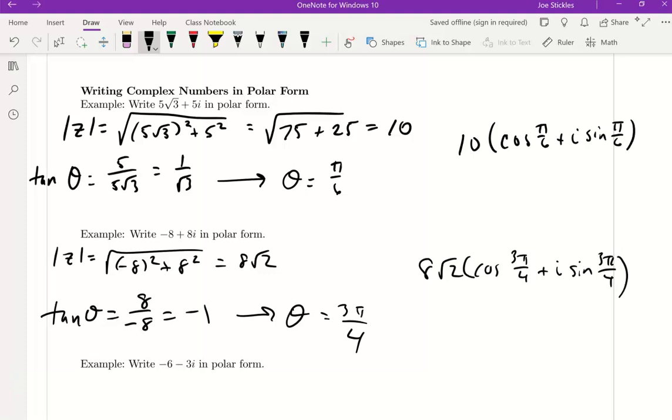Notice this is exactly like what we did back in section 8.1, isn't it? It's not anything new. We're just writing it as a complex number rather than just having an x comma y and an r comma theta. Now we're just using the graphical representation of complex numbers and writing the complex number in this form. Is that okay?